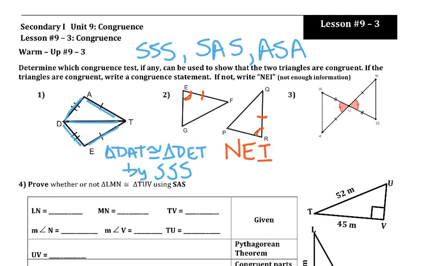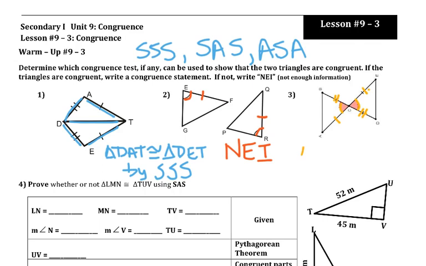Number three. So we have first this side with the two tick marks, which is BC, is congruent to DC. Then we have an angle, we start making our way around the triangle, which is angle C in both of these. And then we have a side, AC and EC. So this is side, angle, side.